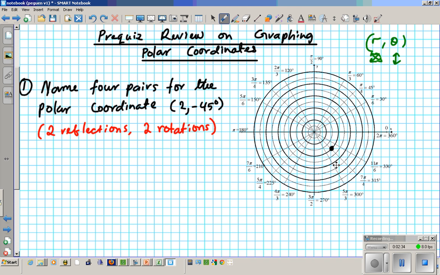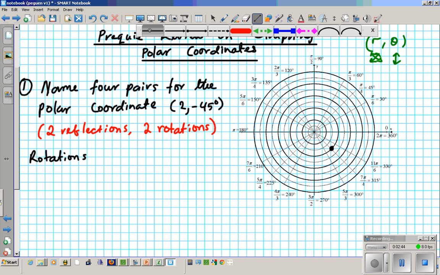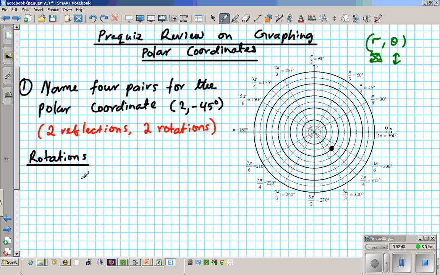Now let's do two rotations first. The rotations are easier, so let's knock off the easy ones first, and then we'll do the harder ones. The first one, we're going to do -45 plus 360 degrees.